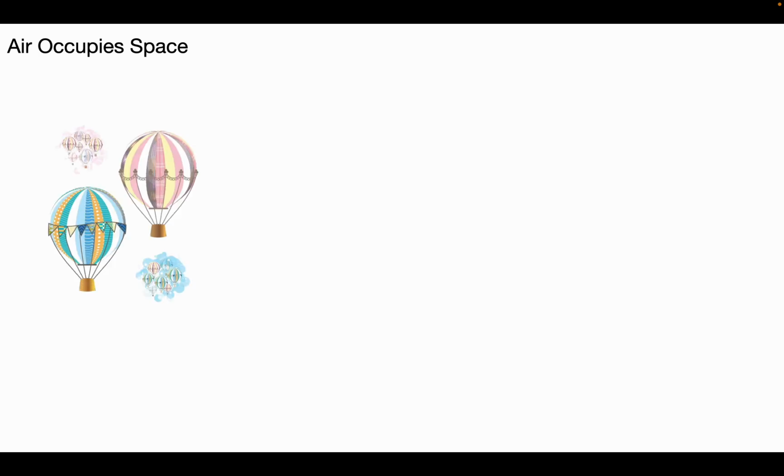Now let's look at the properties of air one by one. Air occupies space. Now, what do you mean by this, guys? When we say air occupies space, we all know that air has mass and it occupies space. You all celebrate your birthday parties at home, right?